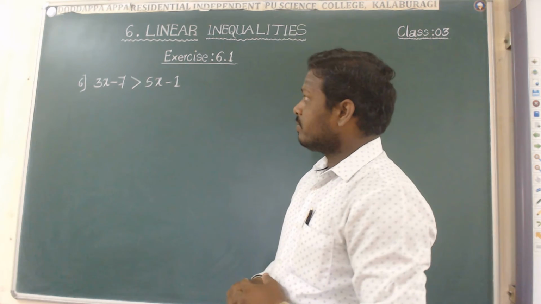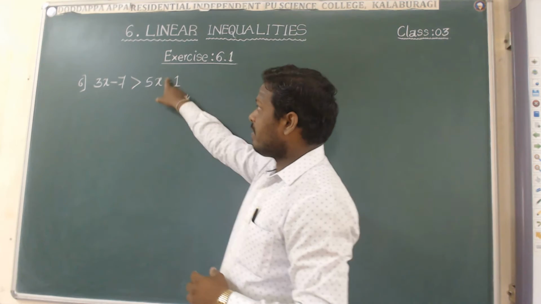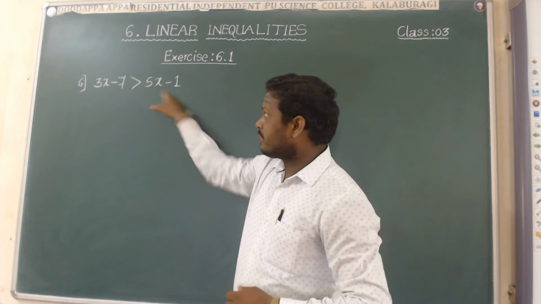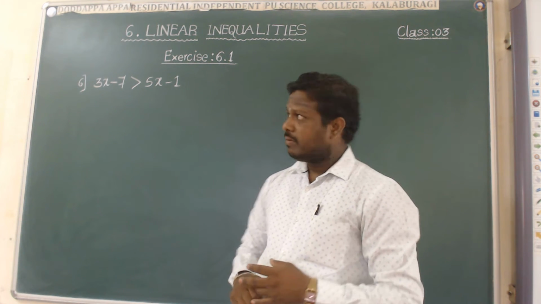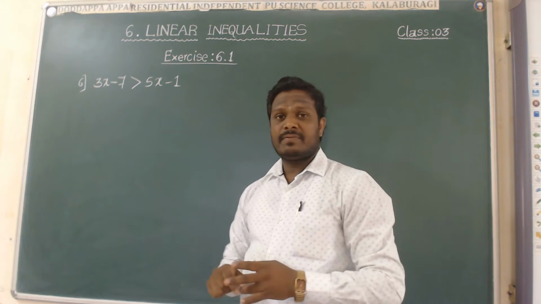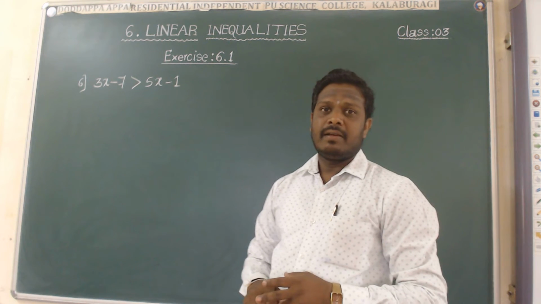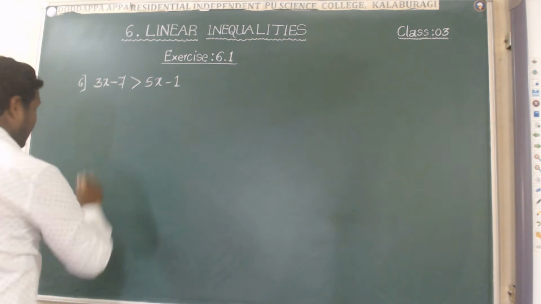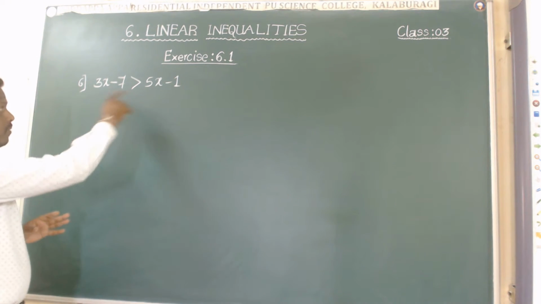First of all, I am going to remove 5x from the RHS side. What do we do here? By taking the first rule, we have to subtract 5x from both sides. I will write it directly here, without writing the words subtract on both sides.